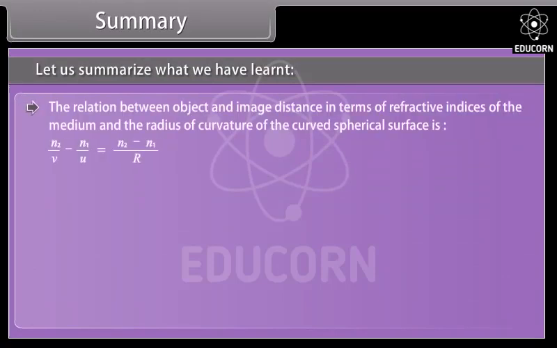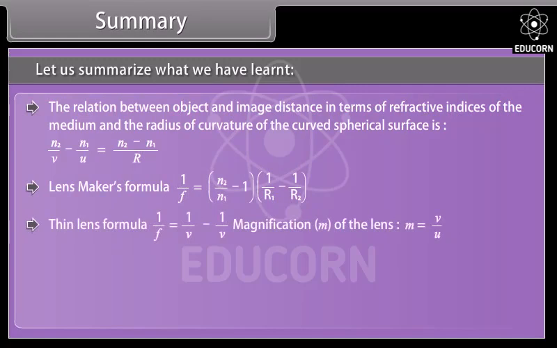The relation between object and image distance in terms of refractive indices of the medium and the radius of curvature of the curved spherical surface is n2 by v minus n1 by u is equal to (n2 minus n1) by r. Lensmaker's formula is this. Thin lens formula is this.